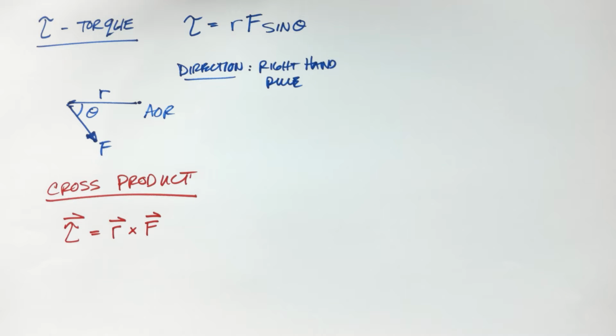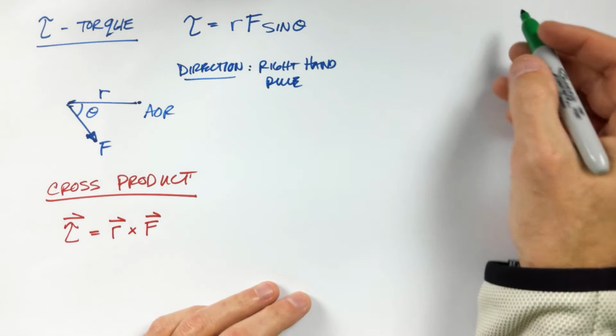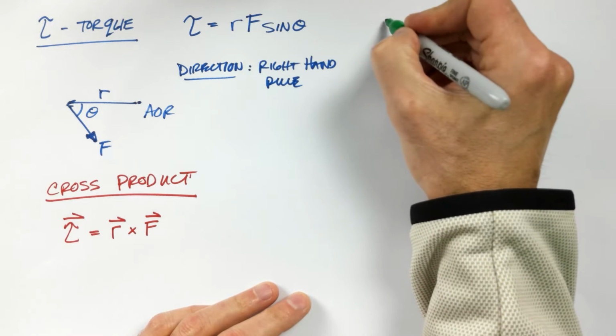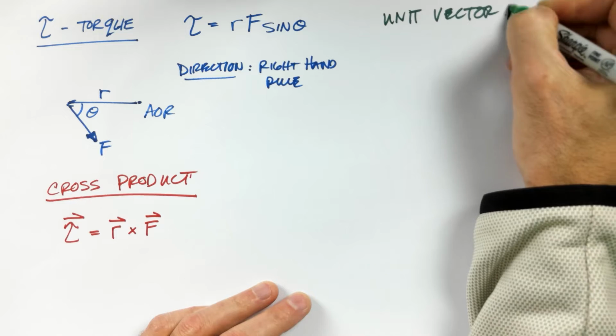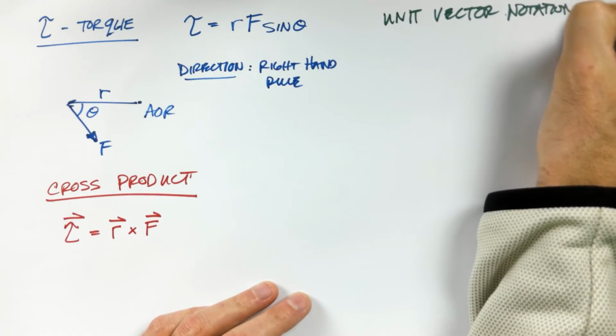So let's start out by looking at how this cross product process works in unit vector notation.